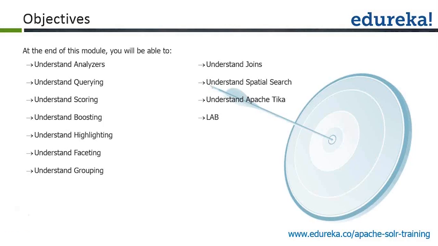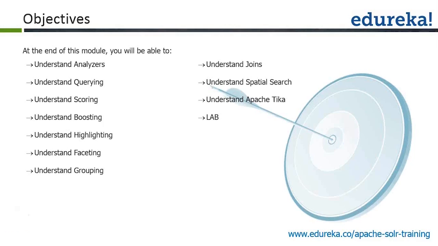So basically what we're going to cover today is this entire session in 3 parts. The first part will be talking about the analyzers, since it is very important for indexing as well as searching. We'll try out all the basic analyzers, what you would be required to use in day-to-day basic use cases.